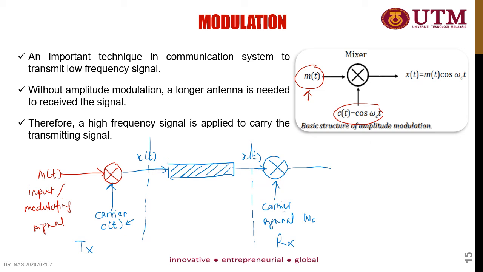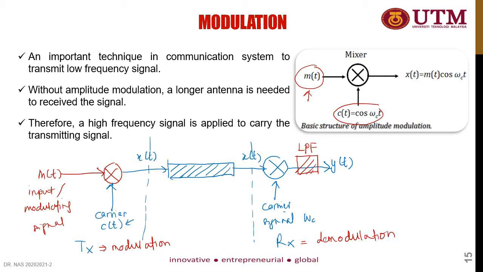Now the signal gives the final output, for example y(t). There will be a filter here, usually a low pass filter, so only the lower frequency component will be selected and the higher frequency component will be removed. At the transmitting end the modulation process takes place, while at the receiving end a demodulation process takes place.